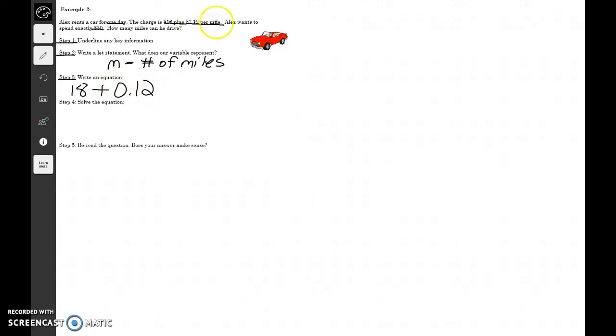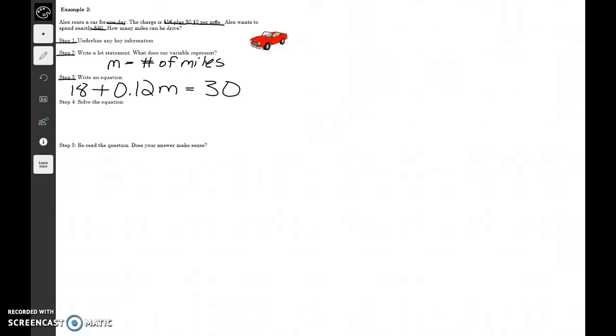So the per mile is going to go right here. Oh, we said we're going to use m. And then he wants it to be exactly equal to $30. So writing the equation for this problem was really not all that bad, because they told us the information we had to write in.